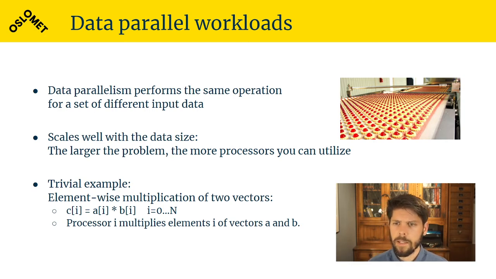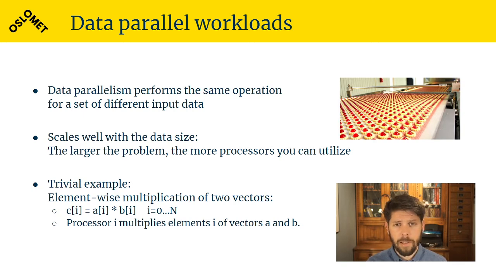But if we look at the data loads, we can see that we can structure things into different types of parallel algorithms. And one type of parallel algorithm is the data parallel algorithm, which is very often used because it's very easy to get started with.